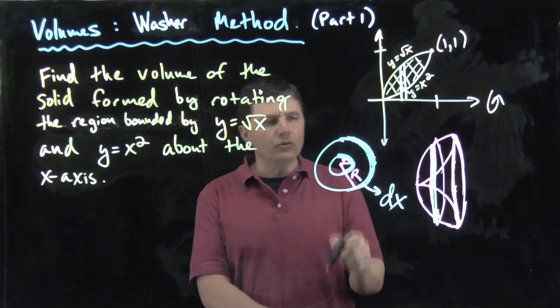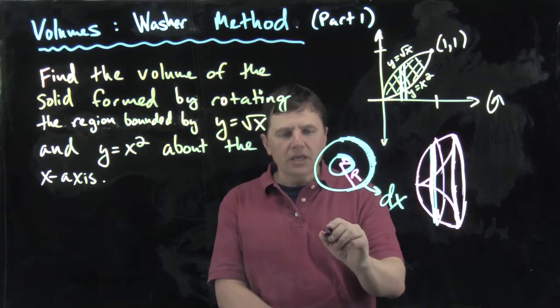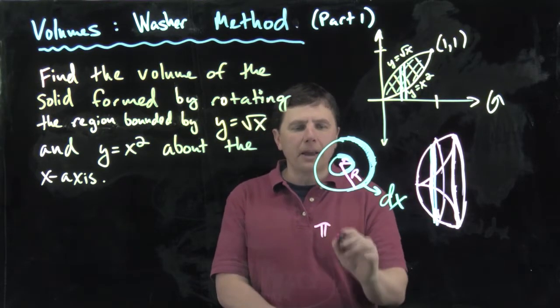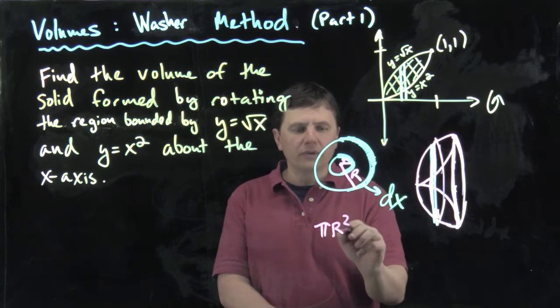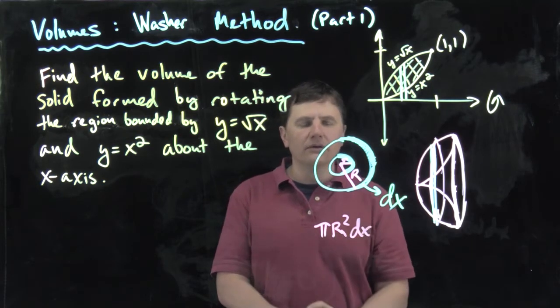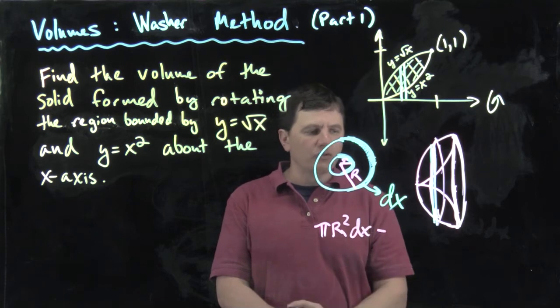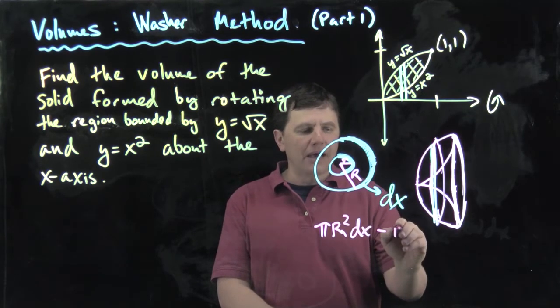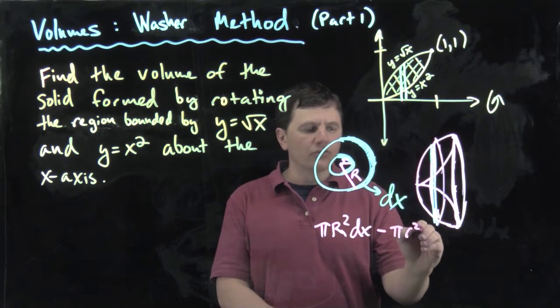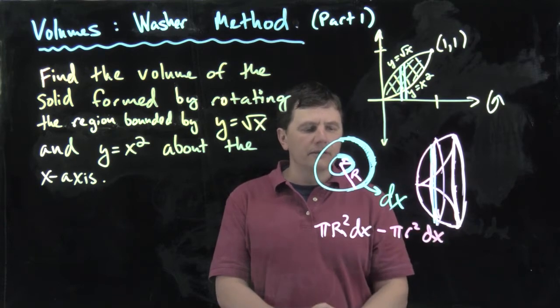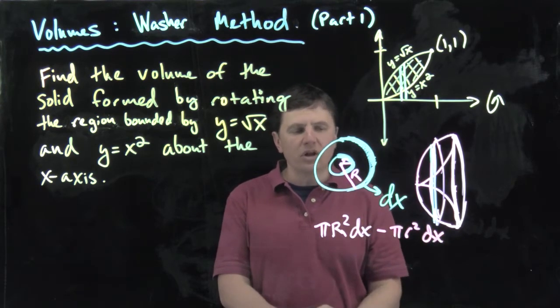So the volume of any one of these is going to be pi big R squared dx. Okay, so that's going to give us the volume of the whole thing, and then we have to subtract out the hole. So that would be pi little r squared dx.